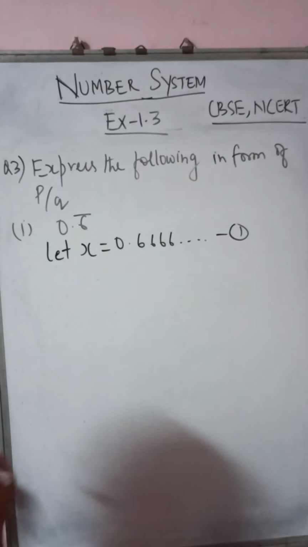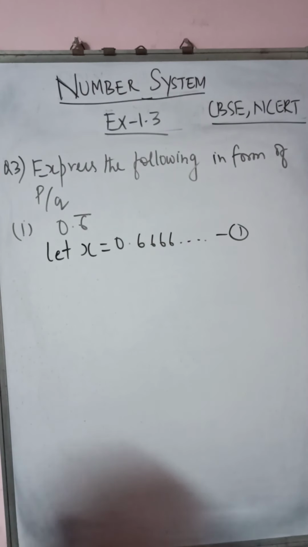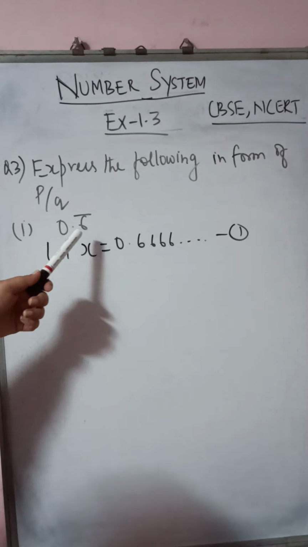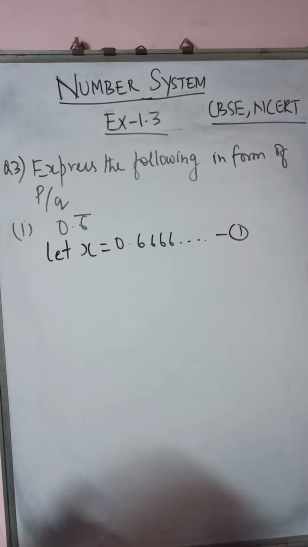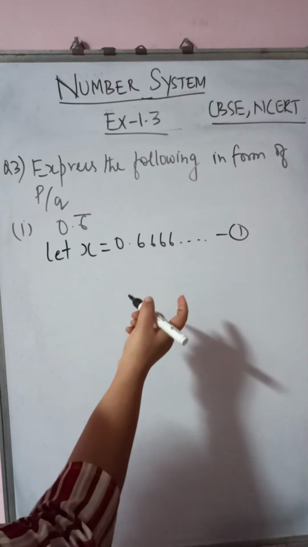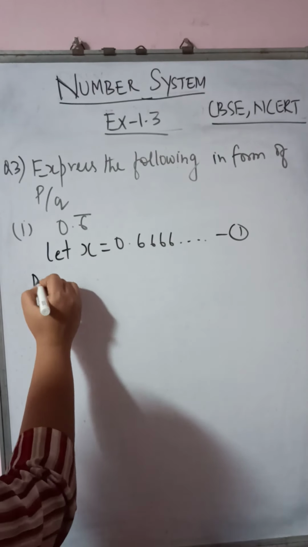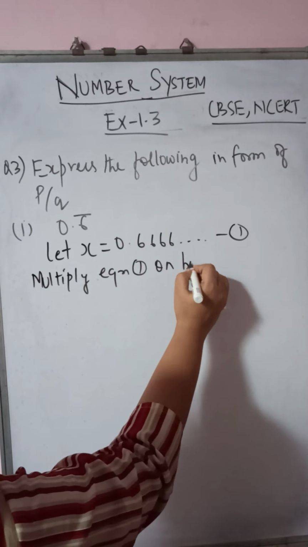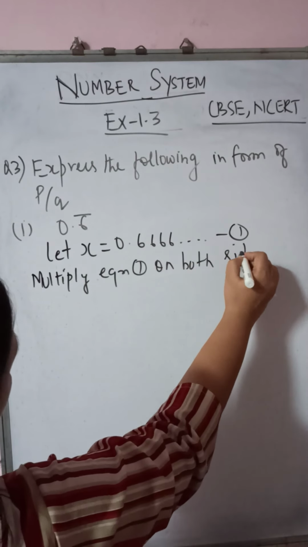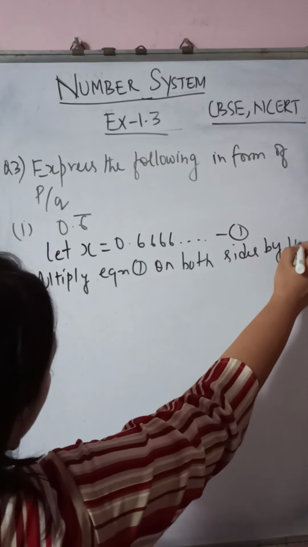Let this be equation 1. Now how many digits have a bar on them? There is only one digit which has a bar. So for that reason you will multiply equation 1 on both sides by 10.